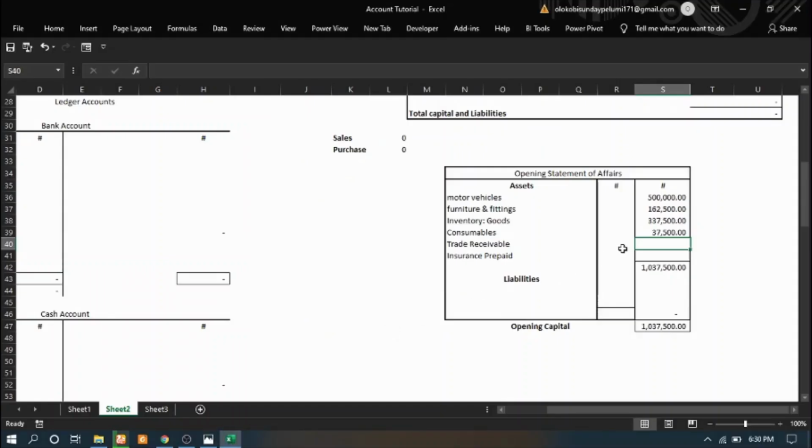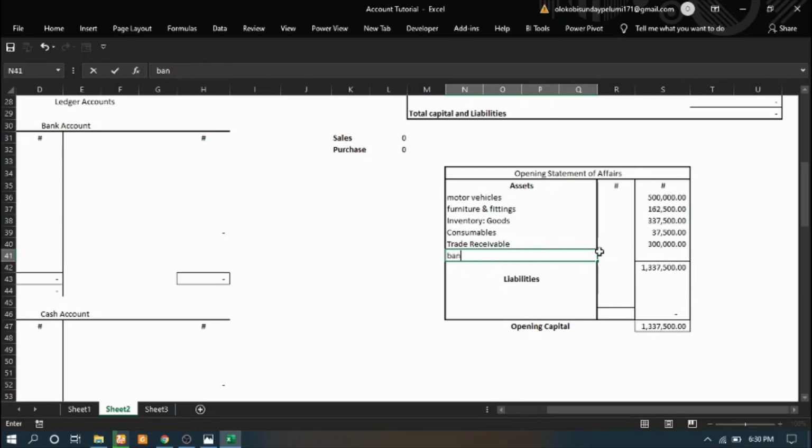What is our trade receivable? Our trade receivable is 300,000. Insurance prepaid is not known, so we don't have insurance prepaid at the beginning. So insurance prepaid is 0.